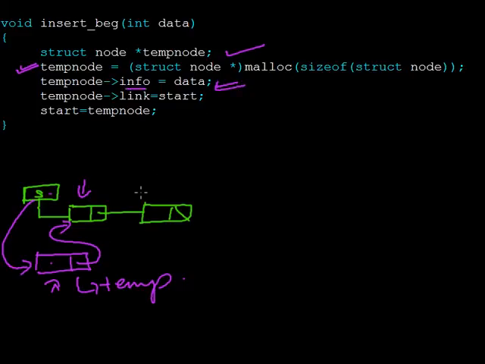Then the link part is overwritten by the value of start, meaning this link will start pointing to the first node. And at last the address of temp node is copied to this start pointer. Very simple.